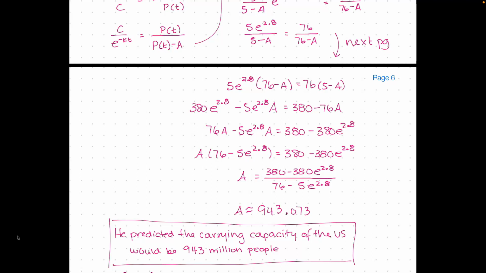Anybody know what the population of the U.S. is right now? About? Yeah, I think it's like 334 million, something like that. We got a ways to go, huh? He thinks we could almost be like 3 times as much. Oh my God. Can you imagine that? I suppose if you were to take all of the... There's still a lot of land.